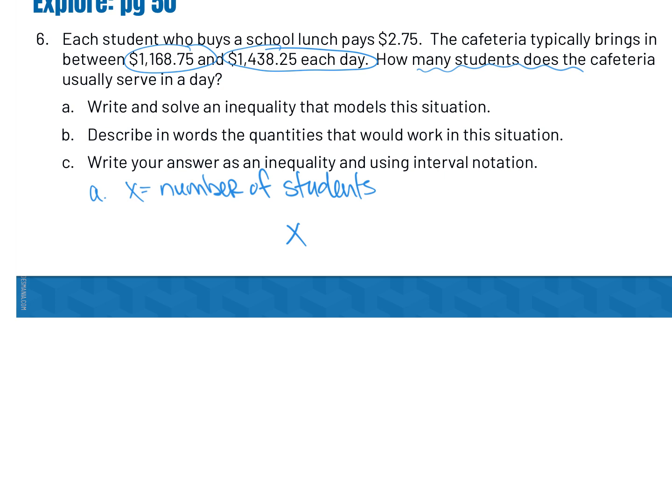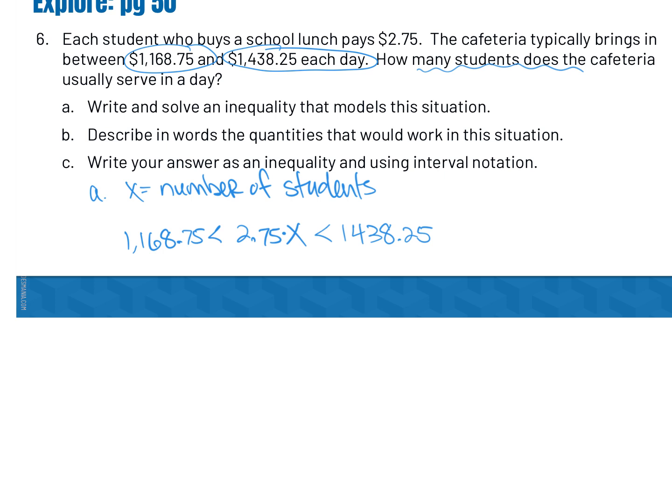And we know that those number of students, how much do they pay per lunch? That's $2.75. So it's $2.75 per student. And the big number is the 1,438.25. Bottom number is 1,168.75. This is the range.